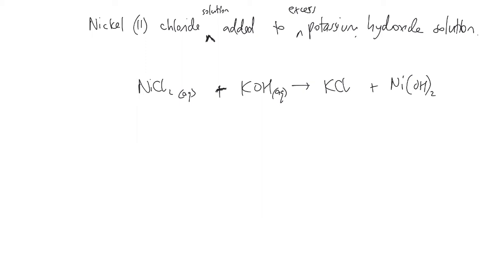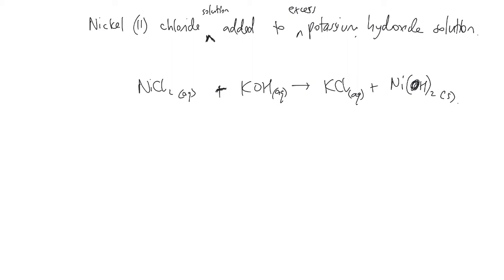KCl, is that going to be solid or aqueous? Aqueous. And nickel hydroxide is? Correct. What is it going to be? Solid or aqueous? Solid. Okay, so that one is the reaction.